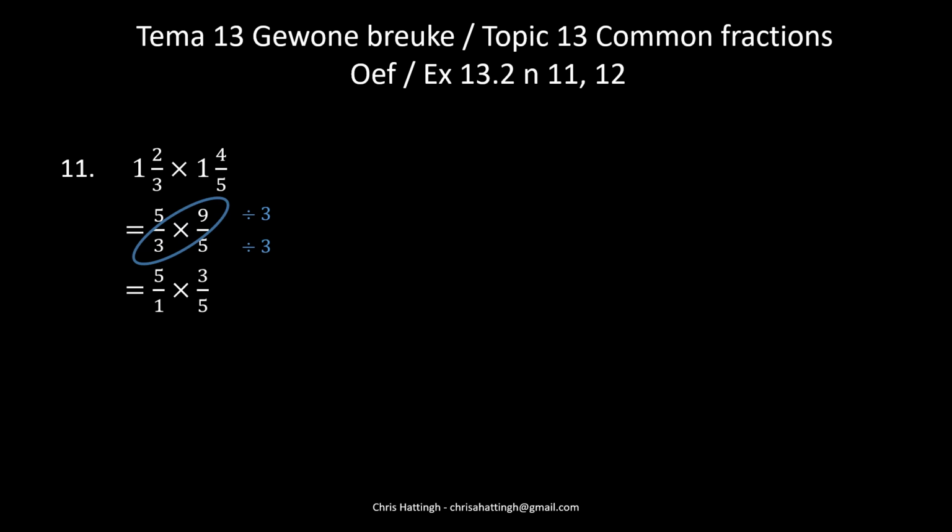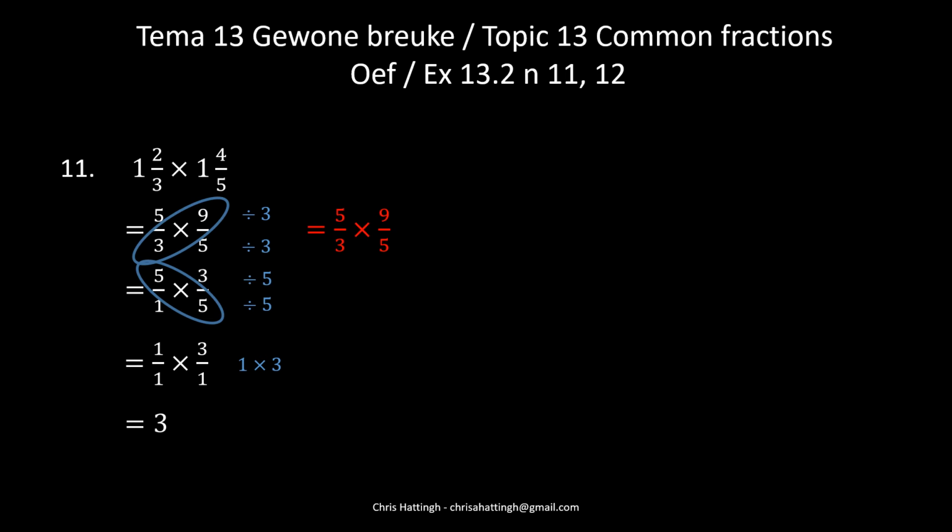If you look at the next step, you'll see that the 5s can simplify by dividing by 5. So 5 divided by 5 gives you 1, and 5 divided by 5 gives you 1. So now I'll find the next step. It's 1 over 1 times 3 over 1, or just 1 times 3, which will give you a final answer of 3.